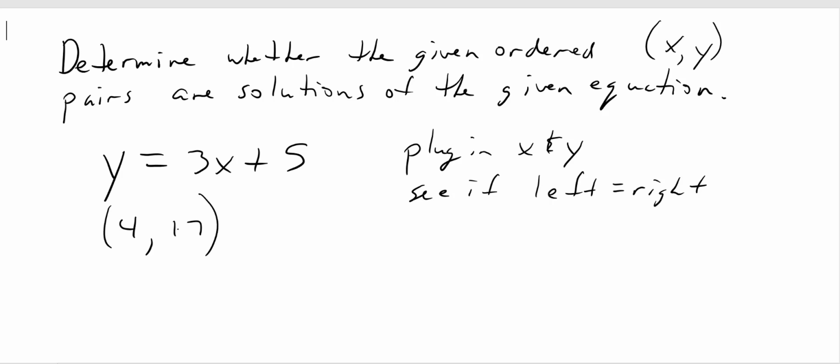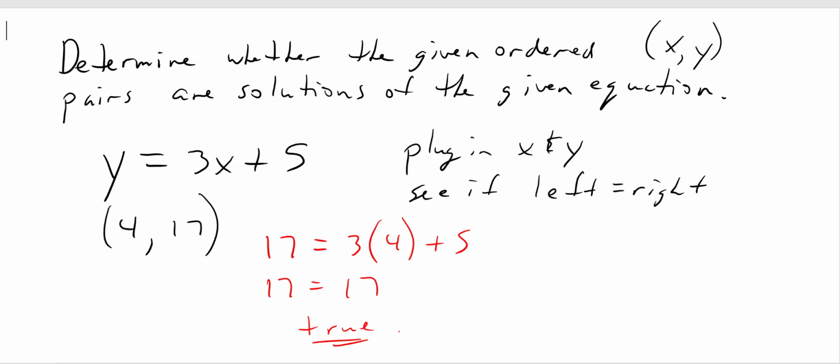So basically you're going to have y is 17, so you're going to put 17 equals 3 times the x, which is 4, plus 5. So you get 17 equals 3 times 4 is 12. 12 plus 5 is 17. Okay, so this is true. So if it's true, and it says determine whether the ordered pairs are solutions, we say it's a solution.